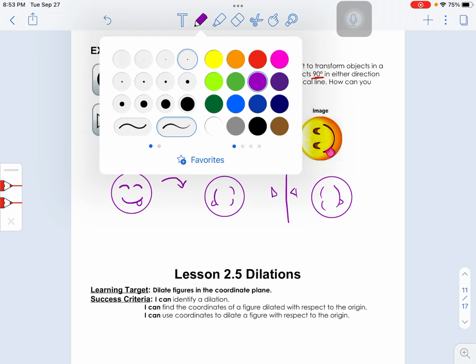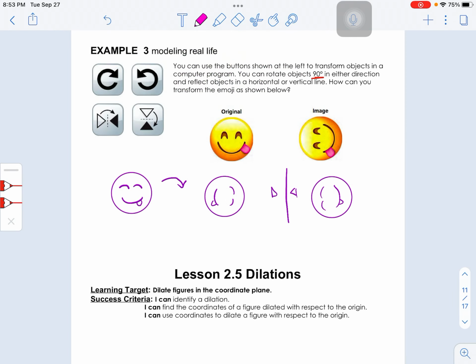All right, the other option that I came up with for this sequence would be, again, to start with our original. And this time rotate the opposite direction. So I'm going to rotate counterclockwise.